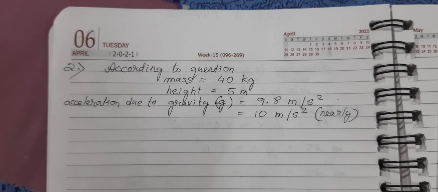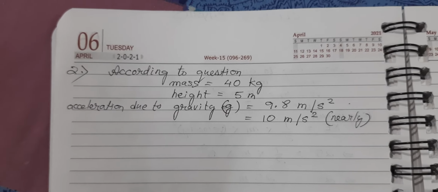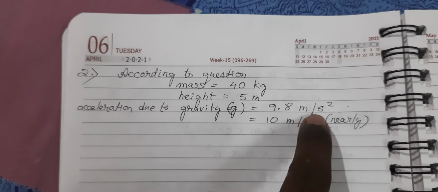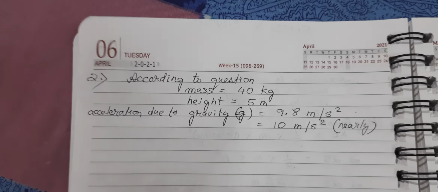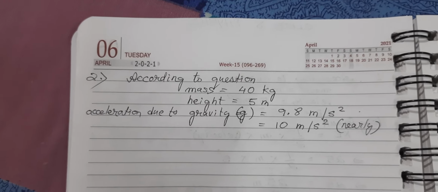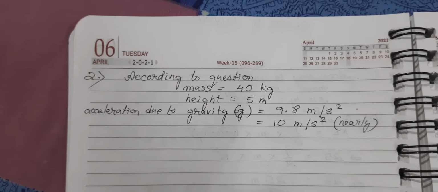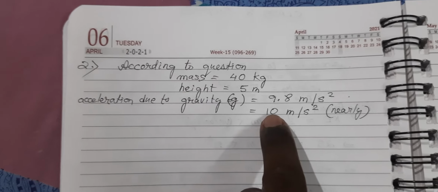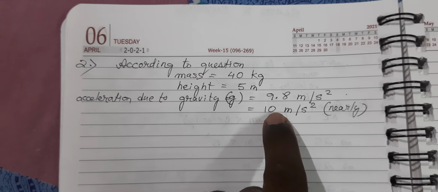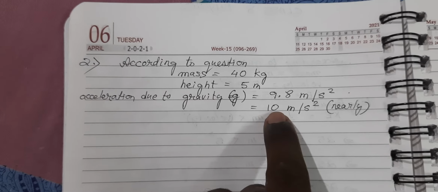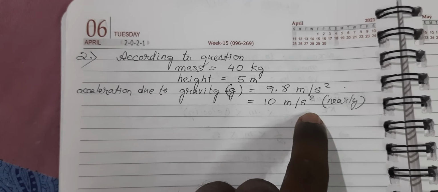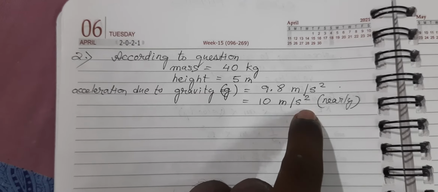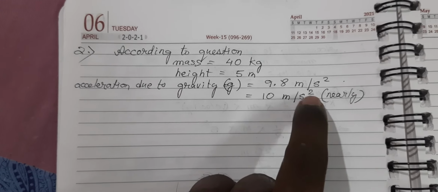That means when a body is falling towards the earth, after each second the velocity of that body increases by 9.8 meters per second, or 9.8 when you round it off, it can be written as 10 also. So 10 meters per second. The unit of acceleration is 10 meters per second square.